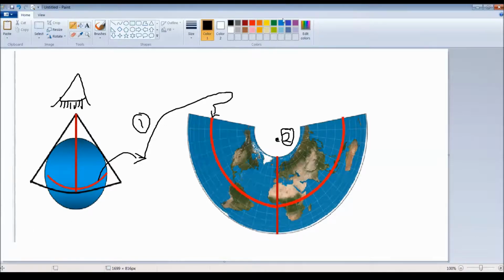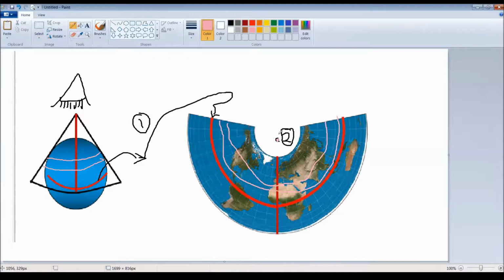Okay, how about the other latitudes? We are using pink, so let's use pink here. These are the latitudes. So you look at the latitudes here, and these are your latitudes. This is one. So they are all concentric circles, meaning these circles are sharing the same center.